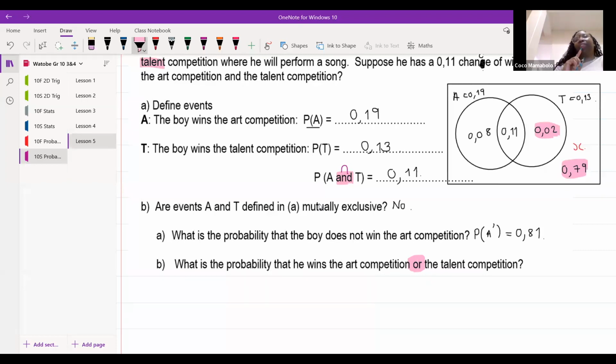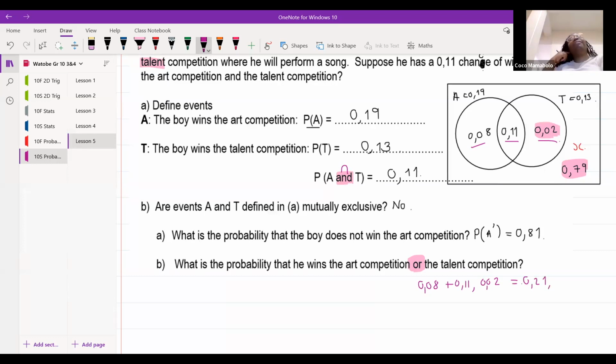But I want us to be very careful. If we're looking for the probability of "or", we just take this and that and that and add them all together. We're going to go 0.08 plus 0.11 plus 0.02, and that's going to give us 0.21.